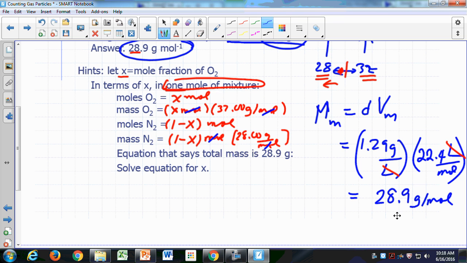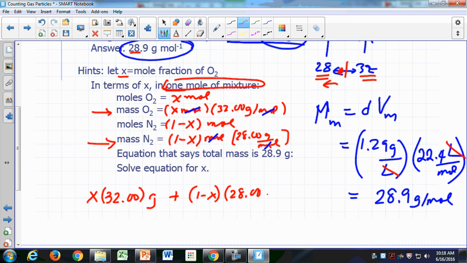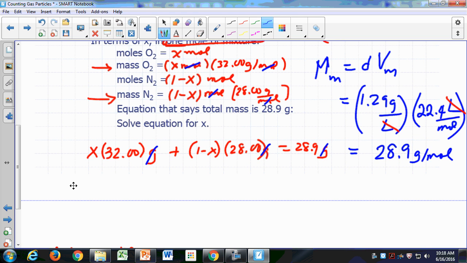So this mass of O2 plus this mass of N2 must equal 28.9 grams. So X times 32.00 grams plus 1 minus X times 28.00 grams equals 28.9 grams. I can cancel grams from both sides, and I just have a simple equation in terms of X.